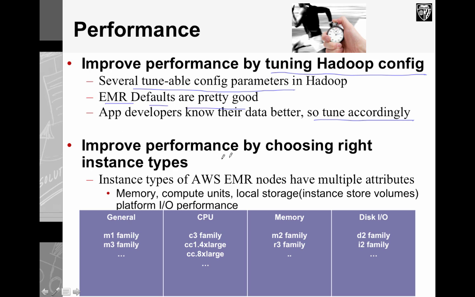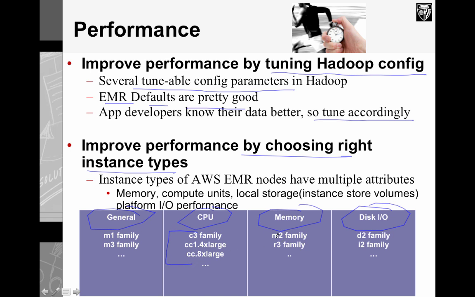You can also improve the performance by choosing the right instance types. Don't forget that AWS EMR gives you several different instance type families. You have the general family, the CPU family, the memory family, and the disk I/O family. The general families are pretty good, you can use them, but if you want CPU intensive tasks, then you may want to use the CPU families.